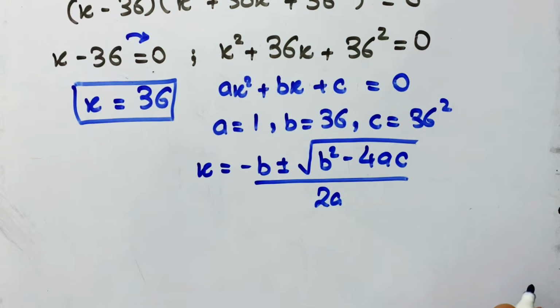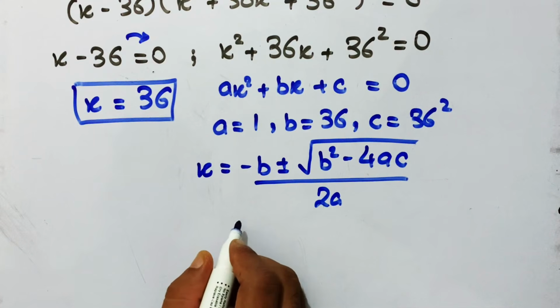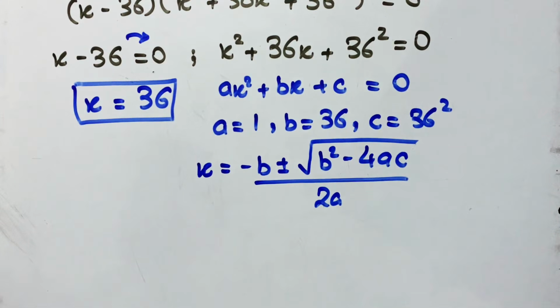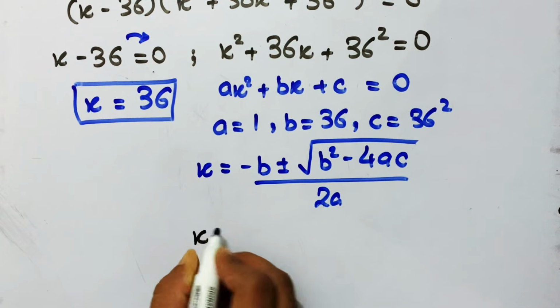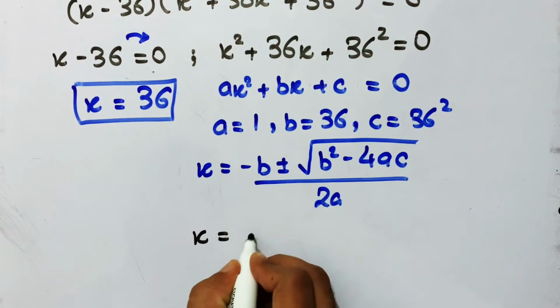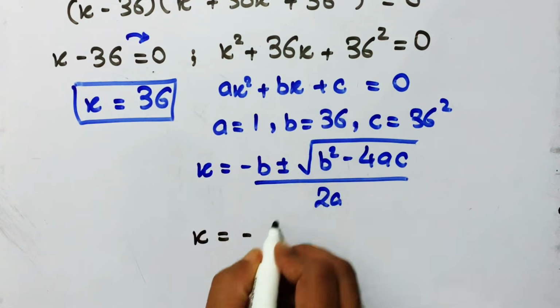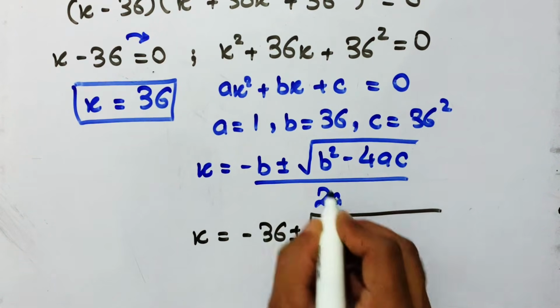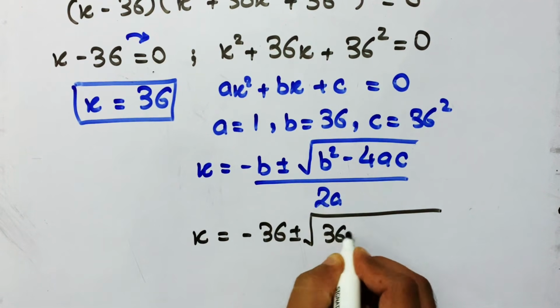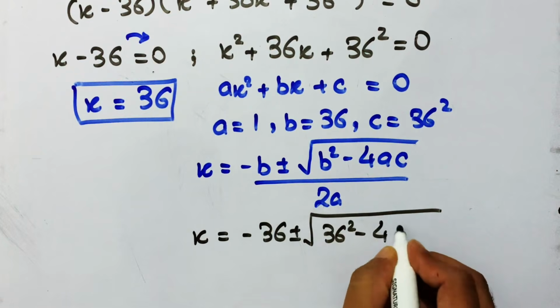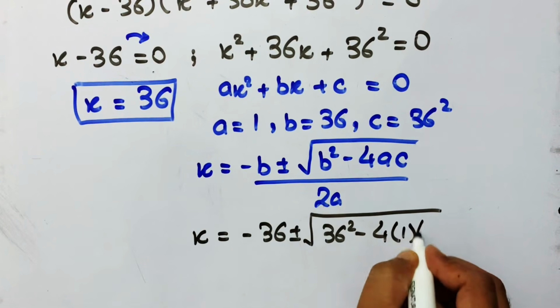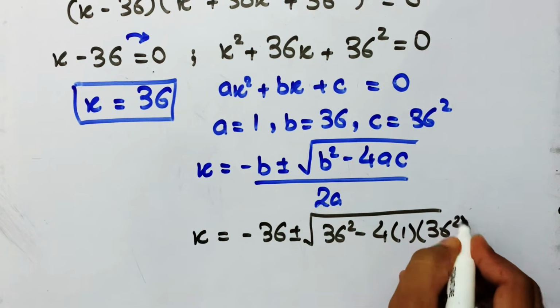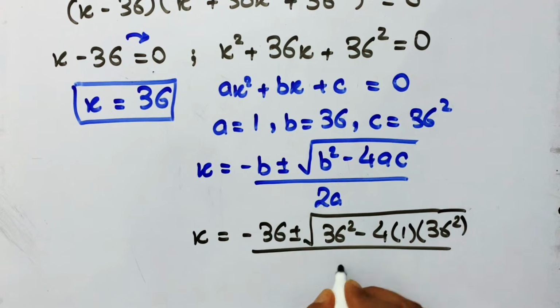So x equals minus 36 plus or minus the square root of 36 squared minus 4 times 1 times 36 squared, divided by 2.